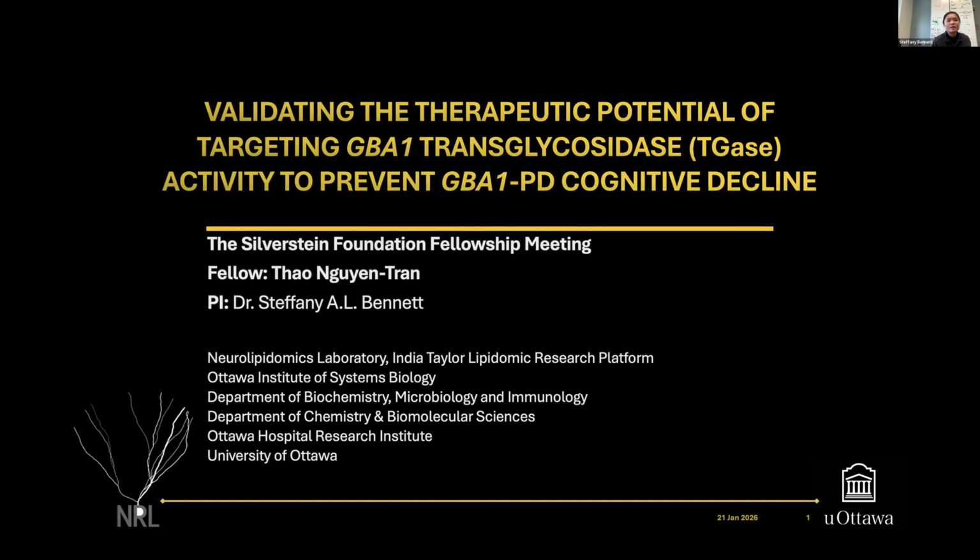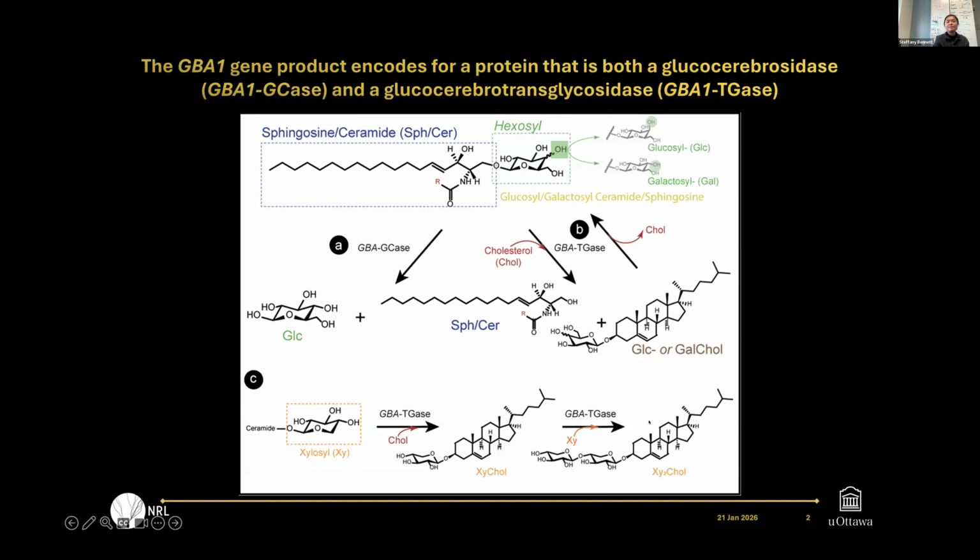So in this project, our focus is on validating the therapeutic potential of GBA1 enzyme as a transglycosidase, this new function, in the context of preventing GBA1 PD cognitive decline. Just to recap the goal of this project, we, as well as others, have identified that GBA1 enzyme has dual functions.